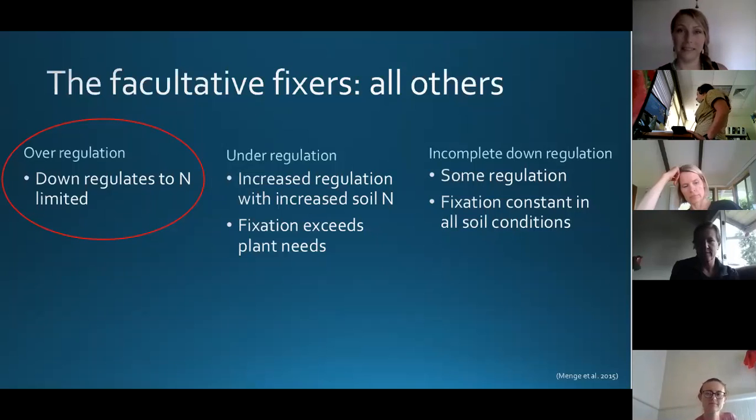I have a quick question. So there's no quick and dirty way to tell if something's obligate or facultative. You have to go through this isotopic tracer method to really distinguish it.